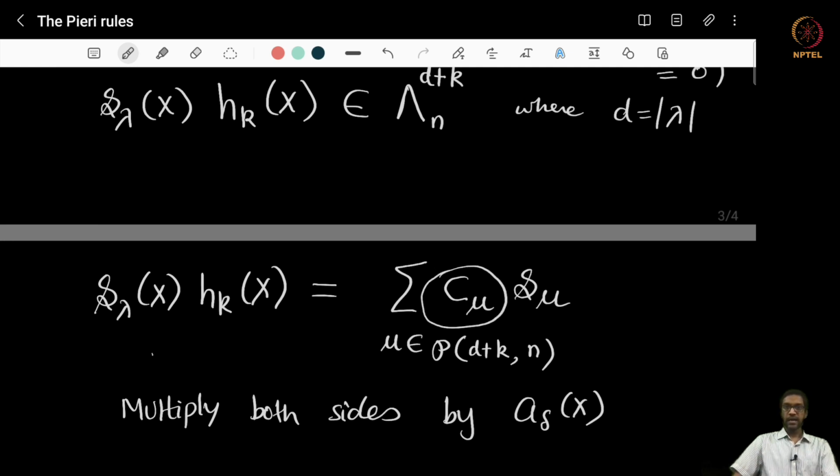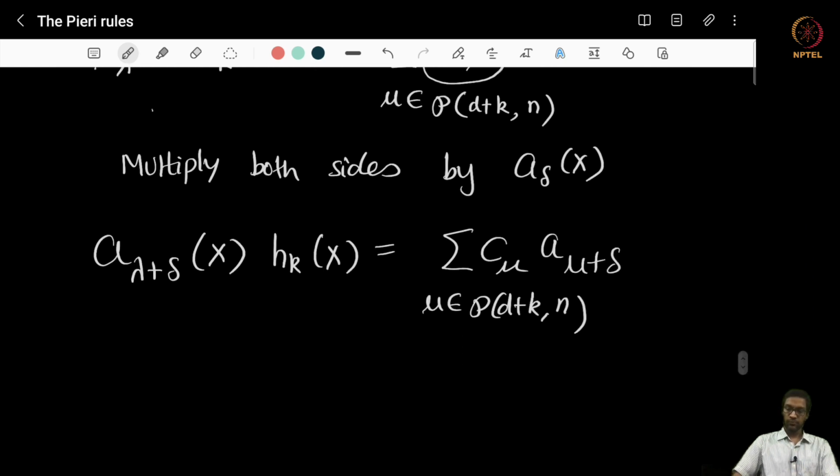It's 1 exactly when mu is of this special form: mu contains lambda and mu minus lambda is contained in the horizontal shadow of lambda. In other words, mu minus lambda is a horizontal strip with k boxes. Only for those the coefficient is 1. For all the other mu's the coefficient is 0. That's what we need to prove.